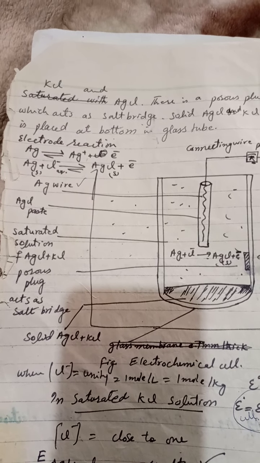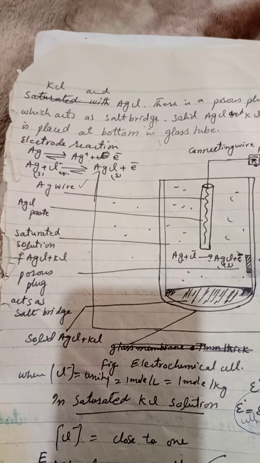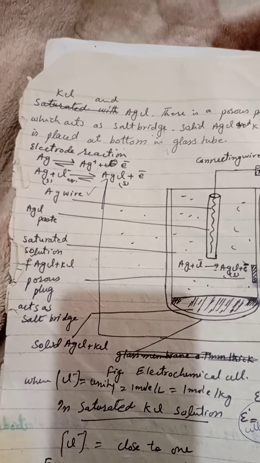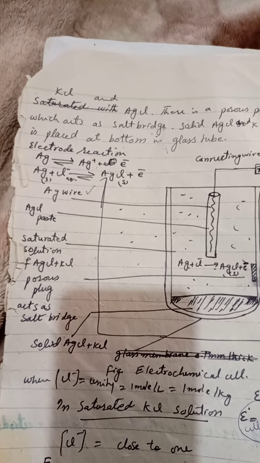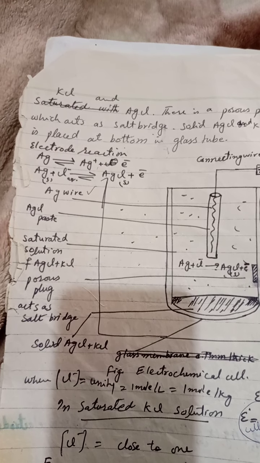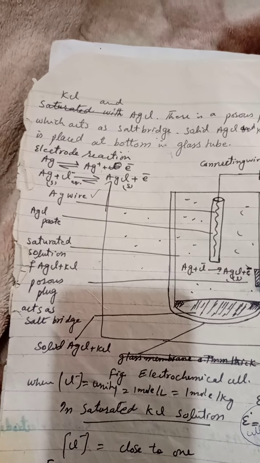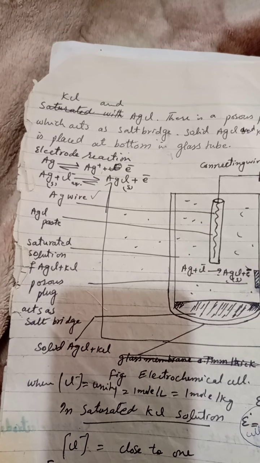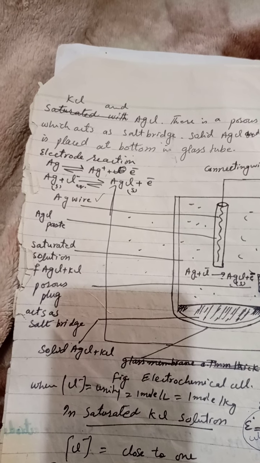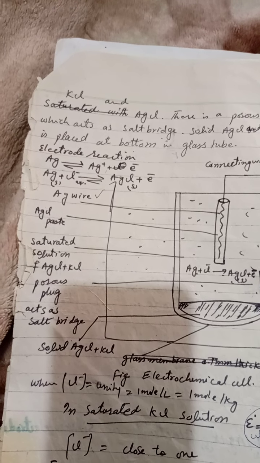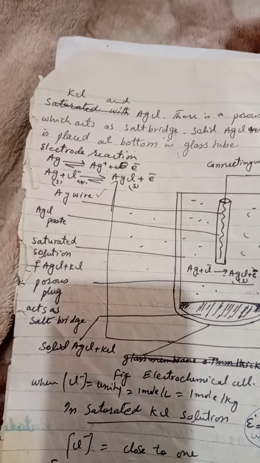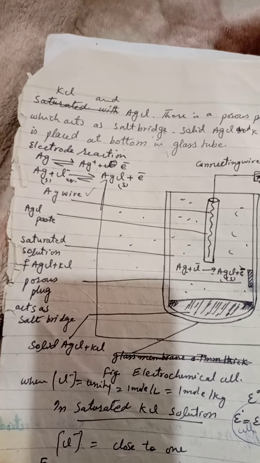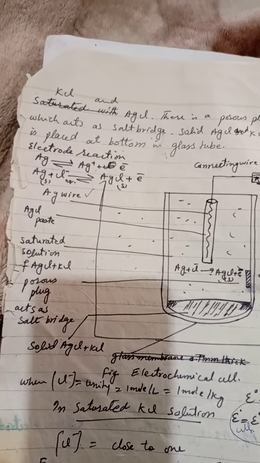The electrode reactions are: Ag is oxidized and gives electrons. Then Ag combines with Cl and gives AgCl plus electrons. When the reaction occurs, Ag is oxidized, electrons are released, move in the external circuit and produce the potential. Cl ions are provided by the aqueous solution of KCl.